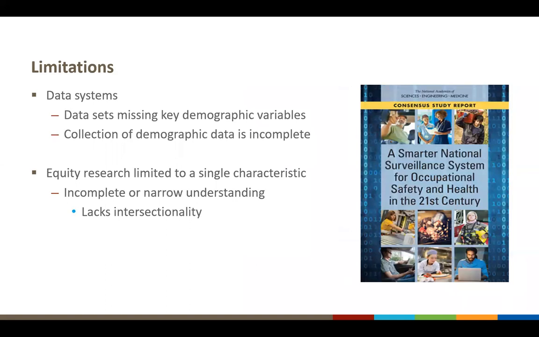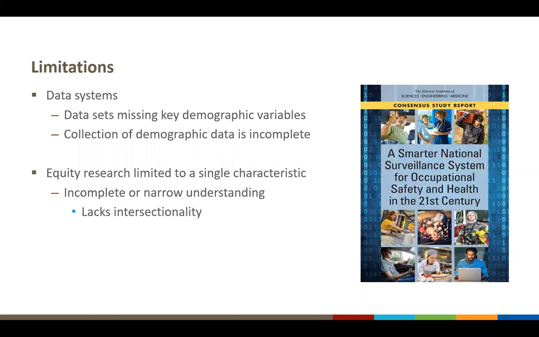Now, doing health equity related epidemiology, one of the limitations or challenges that we face is the current data systems that we have. The National Academies put out a consensus study report a few years ago. And some of the findings they had is that, one, in some of our data systems, we don't do a good job of collecting or including items related to key demographic variables that could help generate a better understanding or identifying which social arrangements contribute to increased risk.